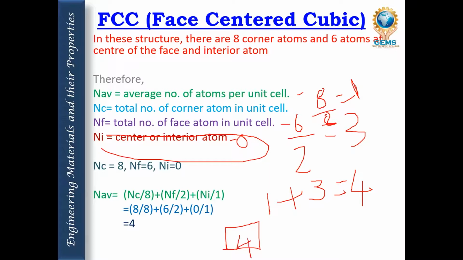That is the formula they have put in: Nc by 8 plus Nf by 2 plus Ni by 1. So 8 by 8 plus 6 by 2, which is 3, and the answer is 4. So totally 4 atoms are there in a particular unit cell. Okay.